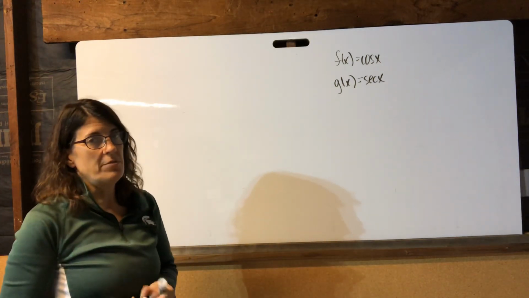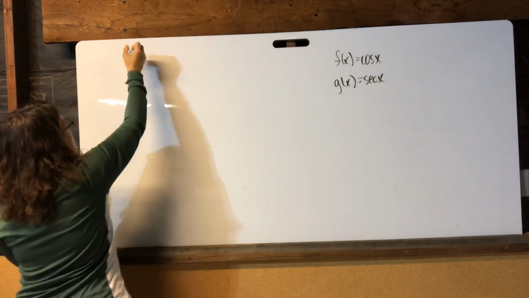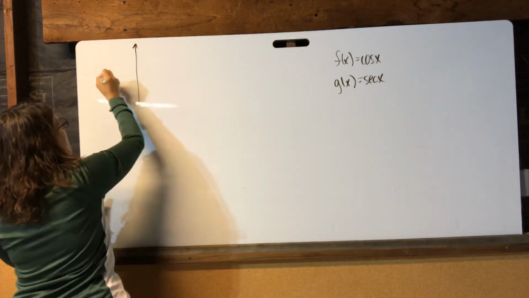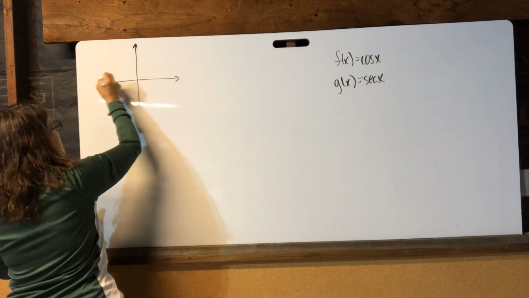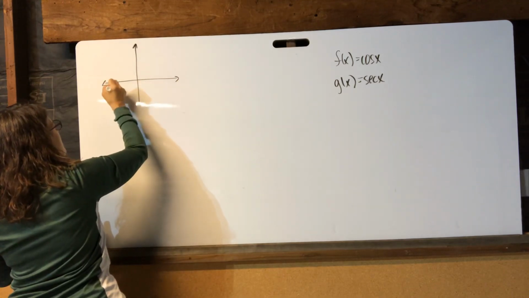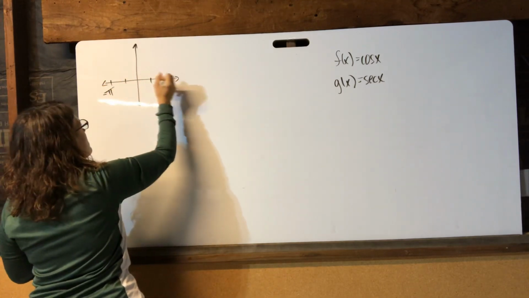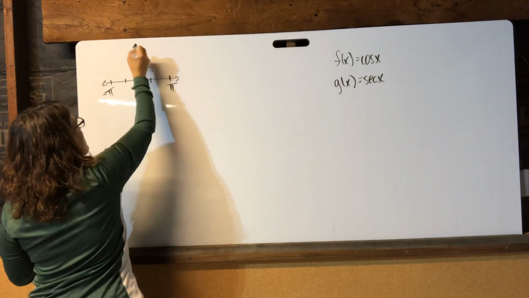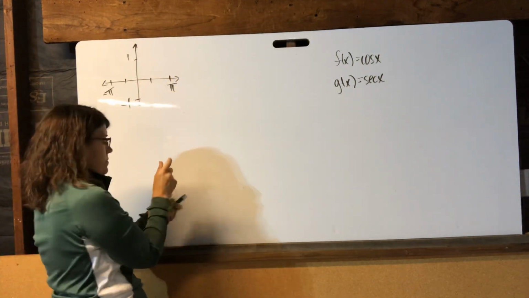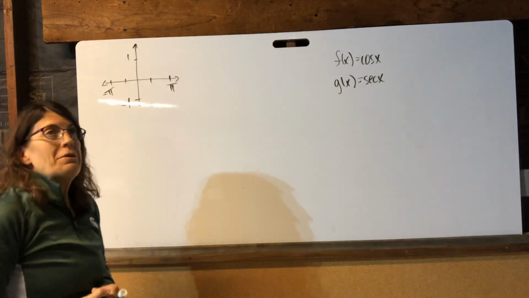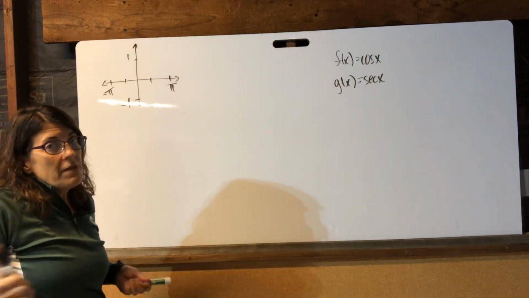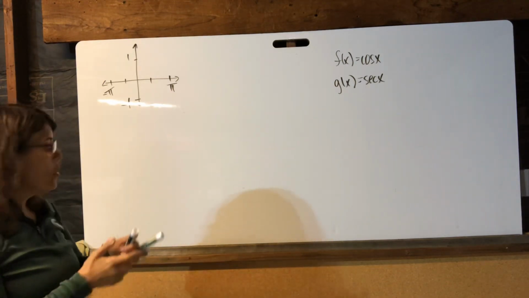They're not inverses, they're reciprocals. So I always start with the cosine graph and I construct from there. So a cosine curve.